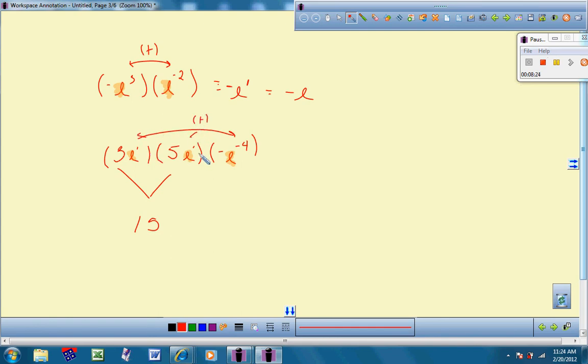So we get 1 plus 1 is 2. 2 plus a negative 4 is a negative 2. Because one of my e's is negative, we get negative 15 e to the negative 2. Since we don't want a negative exponent, we're going to throw that e in the denominator. So we get negative 15 over e squared.